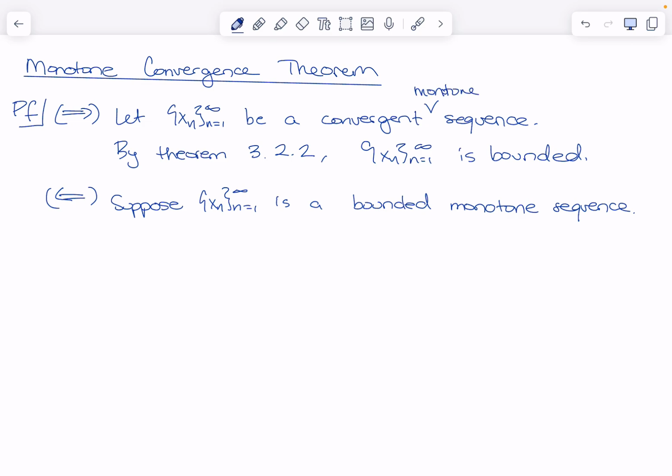Okay, so we have a bounded monotone sequence. We are trying to show, right, what?